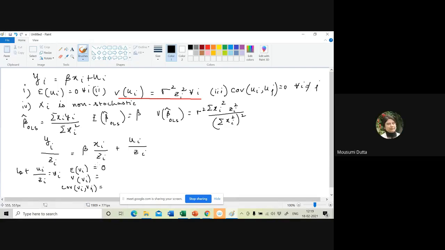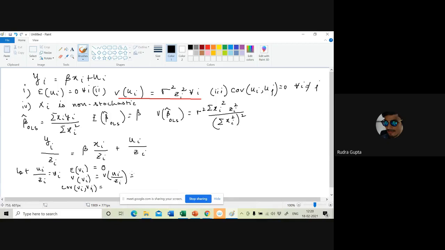Variance of Vi you need to calculate. Variance of Vi is expectation of Vi squared minus the square of expectation of Vi. Since that is 0, it will be simply expectation of Vi squared.